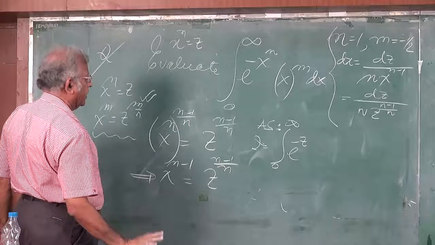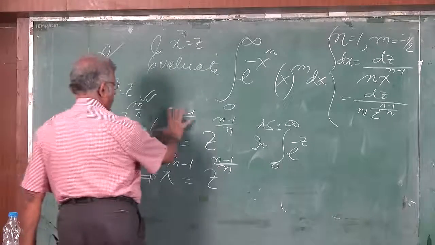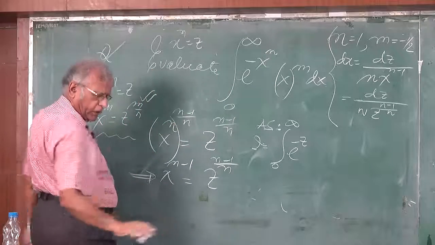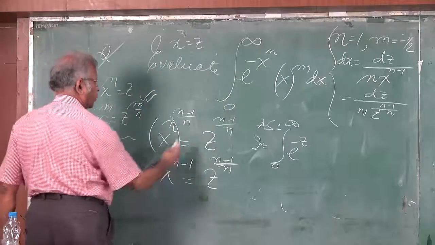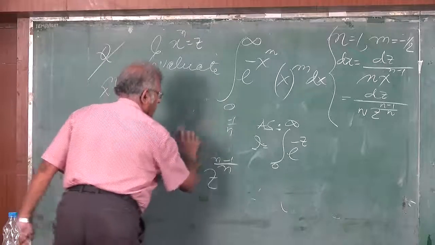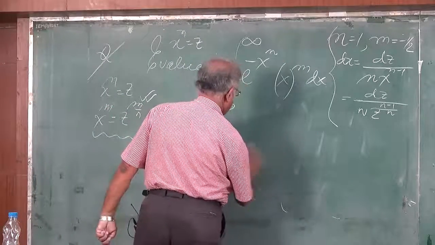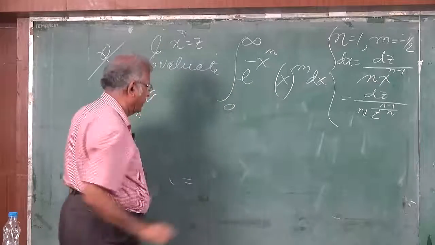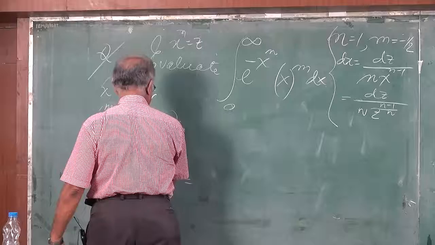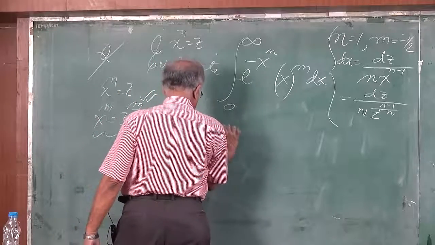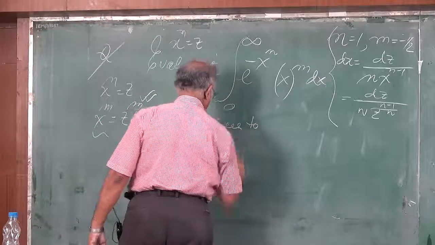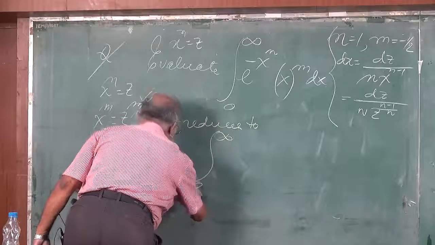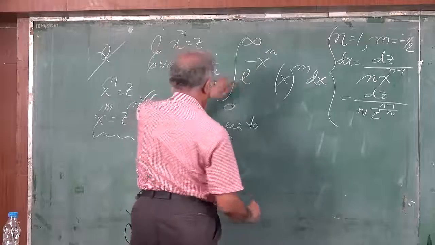So, having done all that, we will rub out this part, take all these captures and modify this integral to read in terms of z alone. And we write I reduces to 0 to infinity e to the power of minus z.